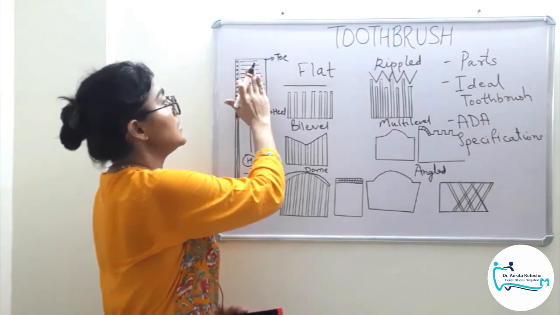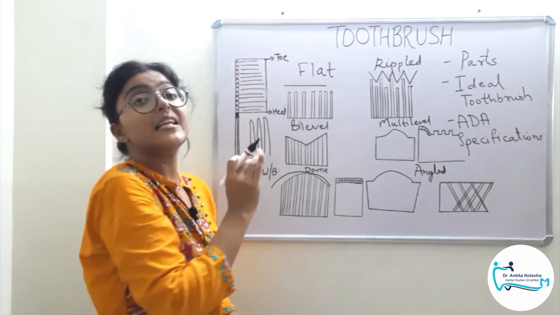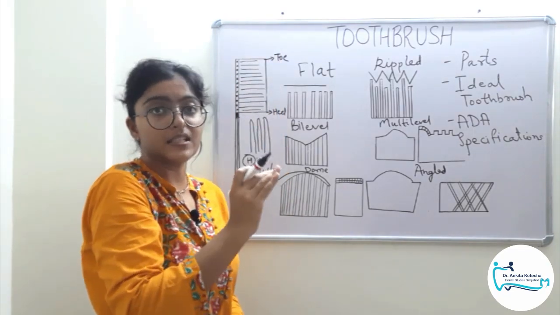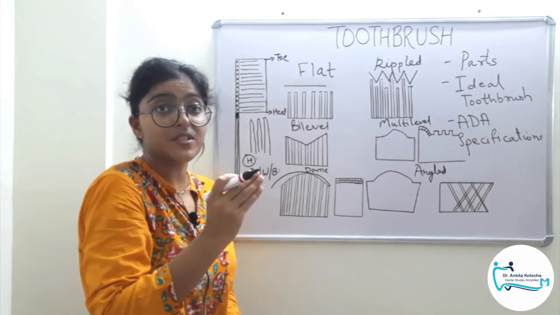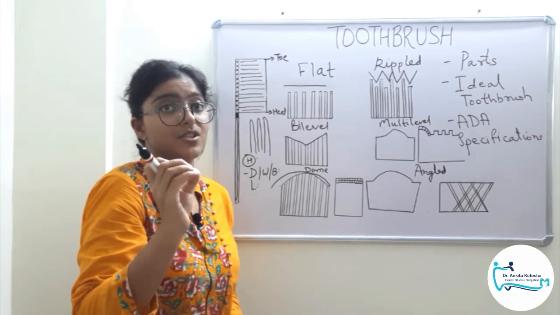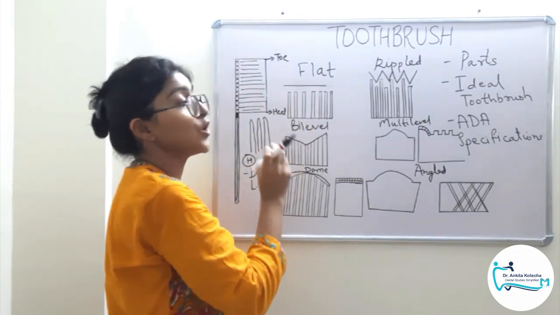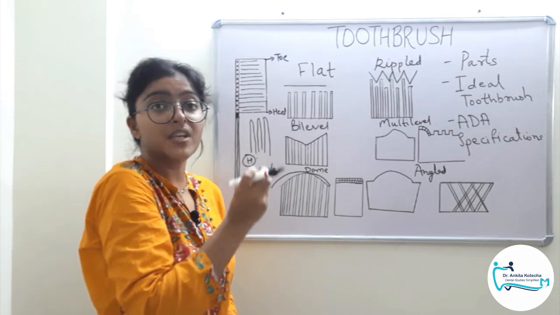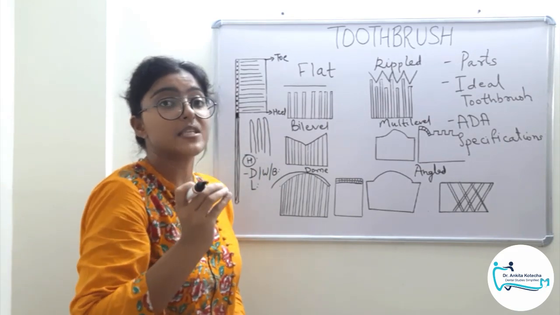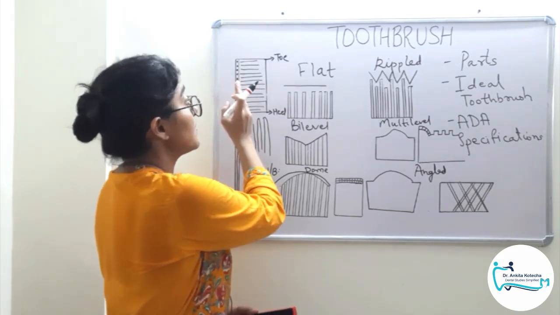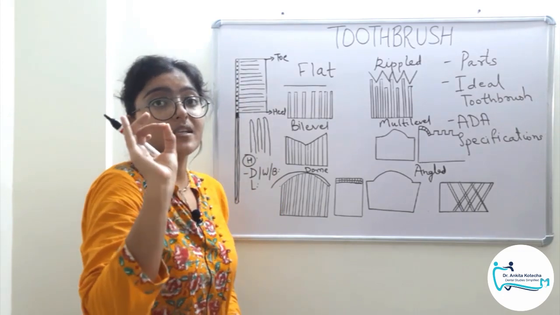Talking about bristles, the bristle length is 11 mm or 7/16 inches. And the diameter of bristle, which is the main consideration in the classification of the toothbrushes, as we have extra soft, soft, medium and hard, this is the main key dimension.